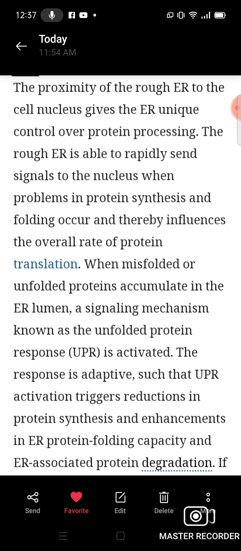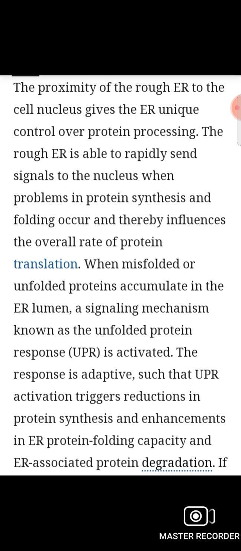If any error occurs, a rapid signal is generated and sent to the cell nucleus, which is the control center of the cell, and it influences the overall rate of protein translation.